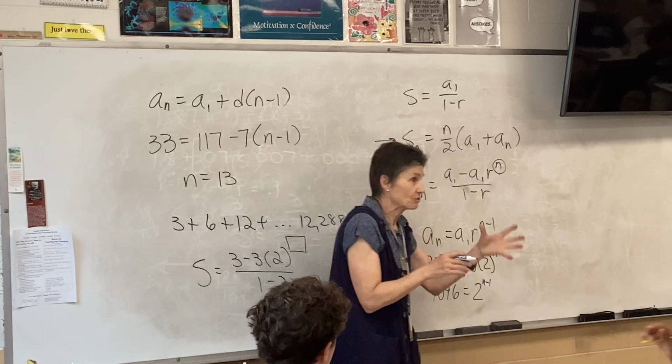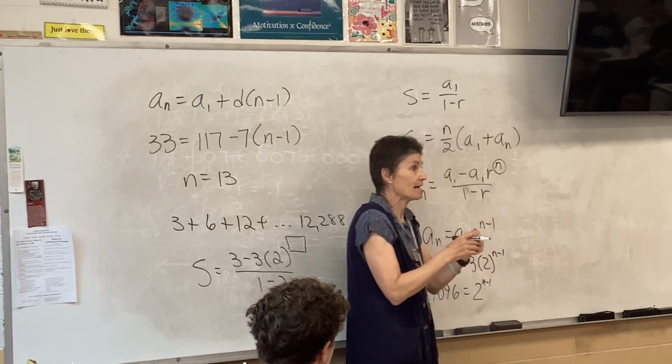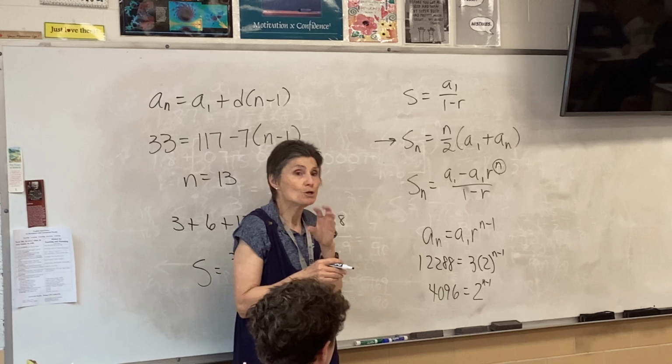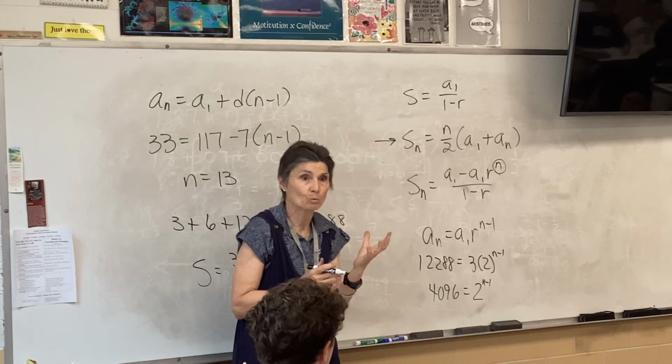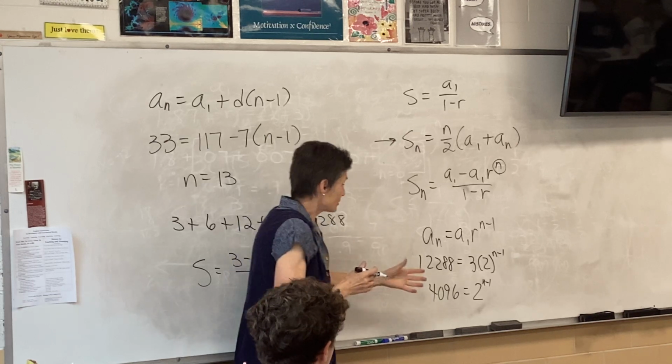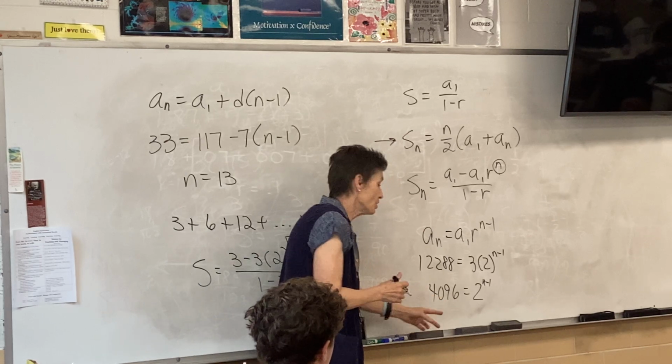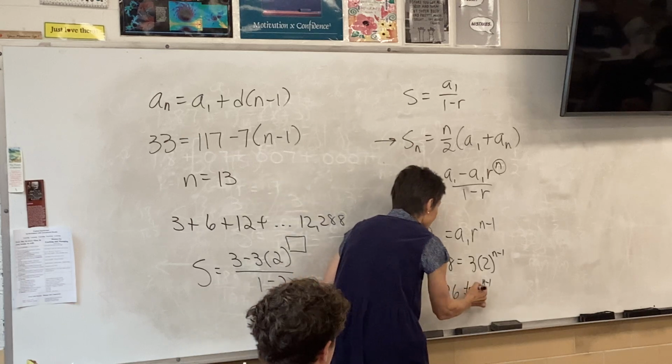Like 8th term, 25th term, something like that. Since we know n has to be a whole number, you can trial and error this if you wish. So 2 to some power has to be 4096. So if it's easier for you to log both sides, do it.